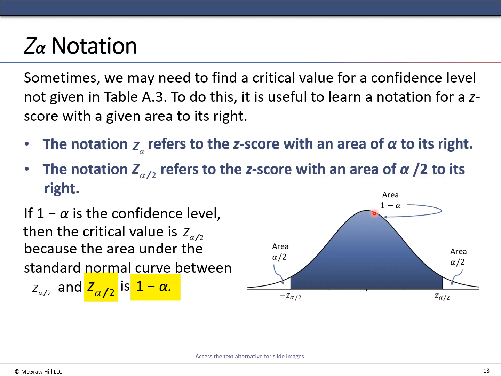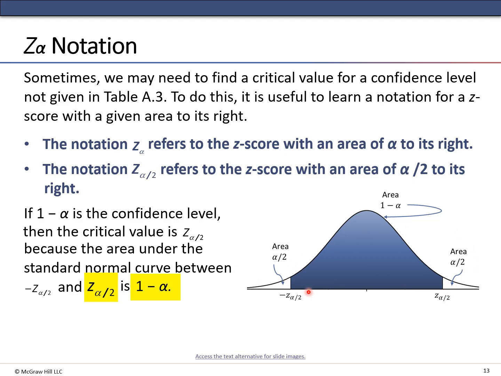We calculate the alpha by what's left over. So 90%, which is 0.9, would give us alpha equals 0.10 or 10%. If alpha equals 10%, that means that 5% or 0.05 is in each tail.